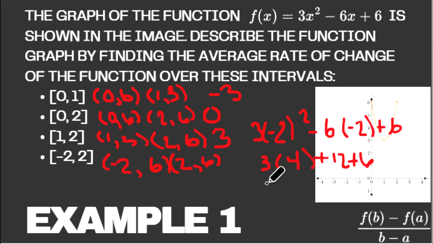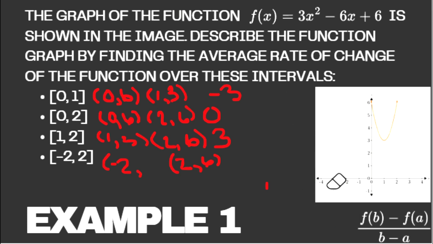Figured out where I wrote wrong. I'm just doing math wrong because that's me. I did 12 minus 12, and it's 12 plus 6, which gives us 24 plus 6, which is 30, which is what we're supposed to have. So this should not be 6. That should be 30 right there. And now let's plug all this information into our formula.